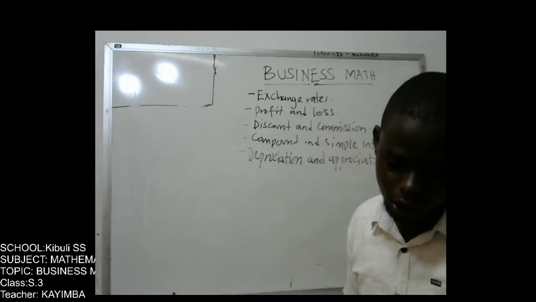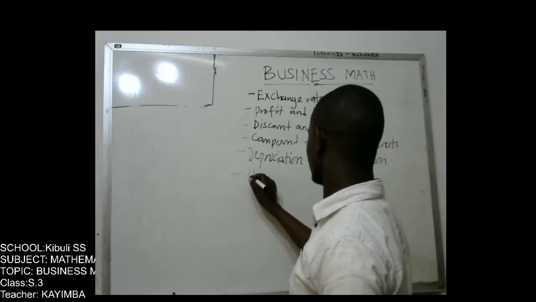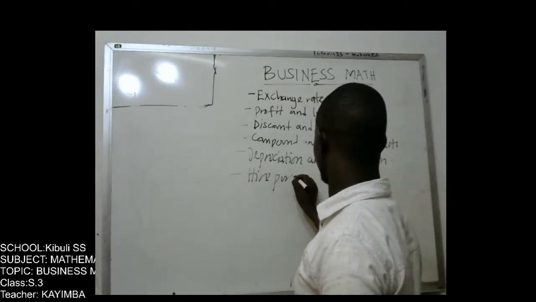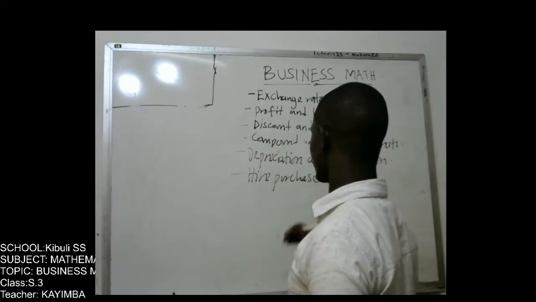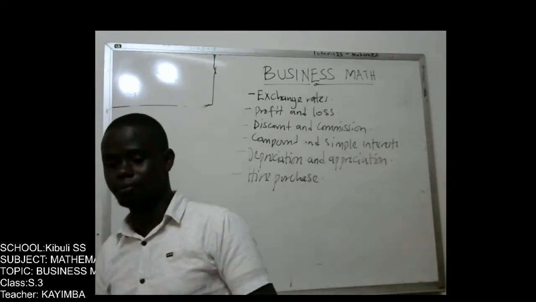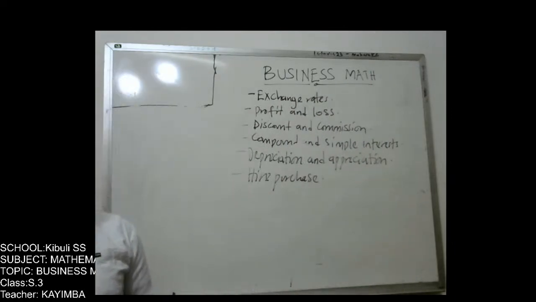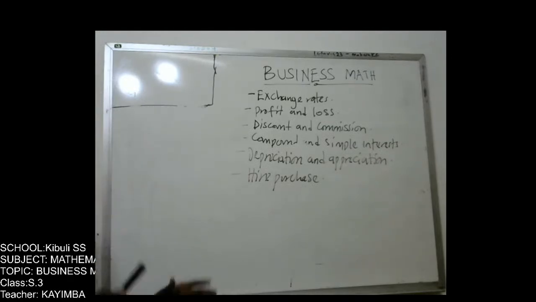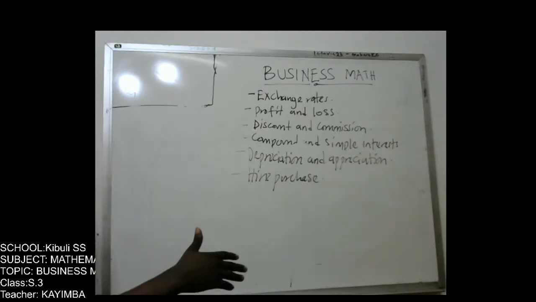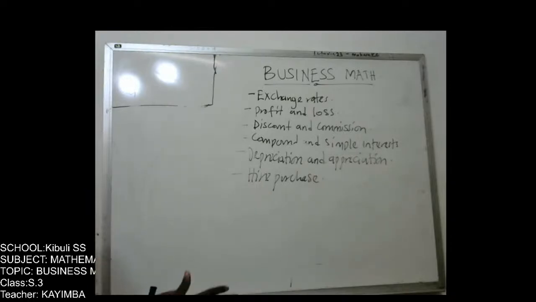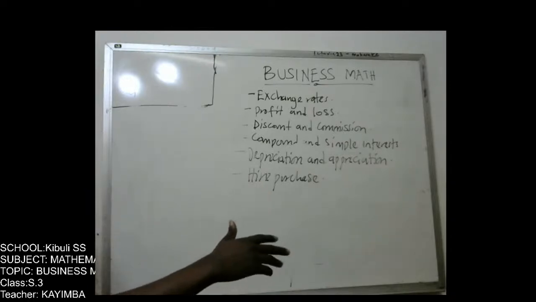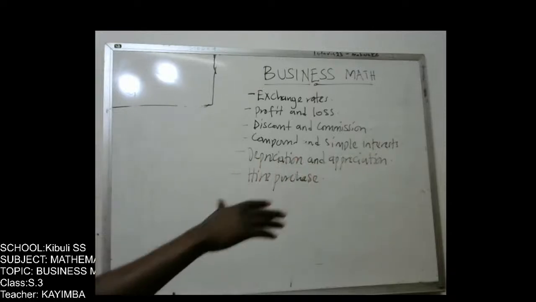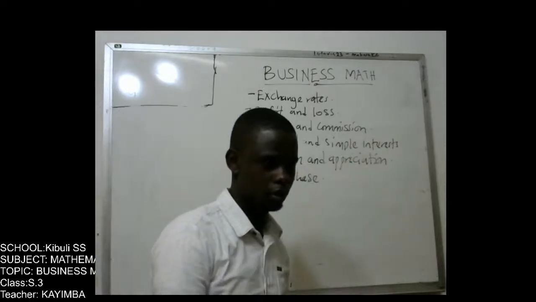Then we'll look at what we call hire purchase. Hire purchase is buying a product, when this involves buying expensive commodities, okay, but you have to first pay a deposit and then pay the remaining amount in monthly, annual or weekly installments, depending on how you want to pay, okay?